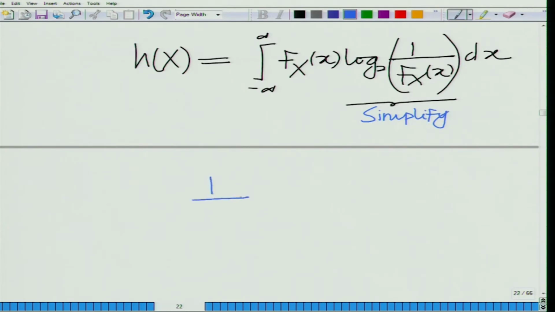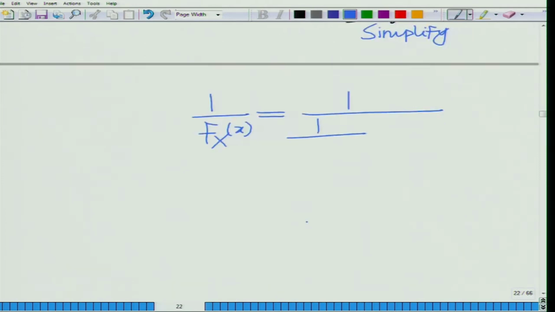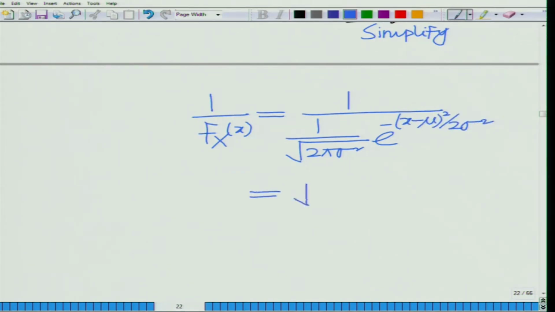So, let us look at 1 over f of x, that is 1 over 1 over square root of 2 pi sigma square e power minus x minus mu whole square divided by 2 sigma square. Take the reciprocal, this is simply square root 2 pi sigma square e raised to positive x minus mu square divided by 2 sigma square.